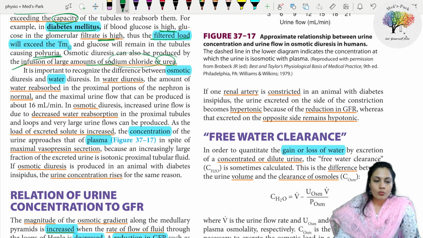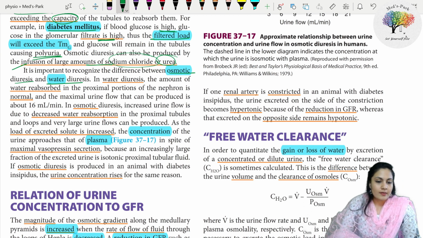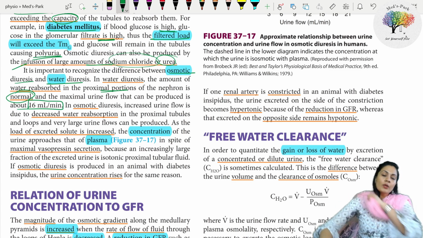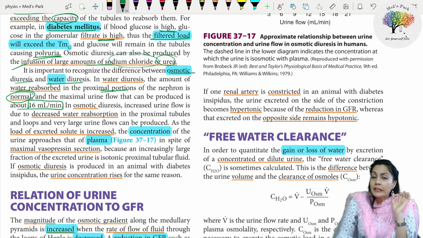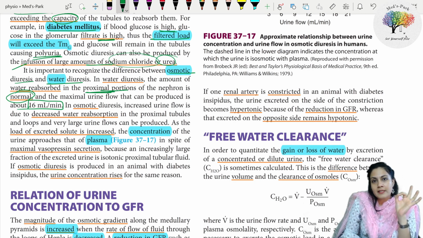It is important to recognize the difference between osmotic diuresis and water diuresis. Now, what is the difference between these two? In water diuresis, the amount of water reabsorbed in the proximal portion of the nephron is normal, and the maximum urine flow that can be produced is about 16 ml per minute. Now understand what we said about osmotic diuresis: the water reabsorption in the PCT has been decreased.